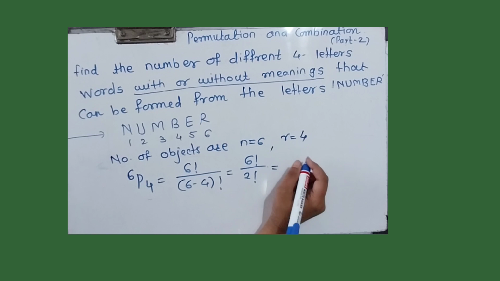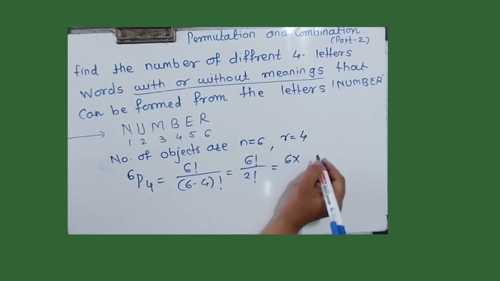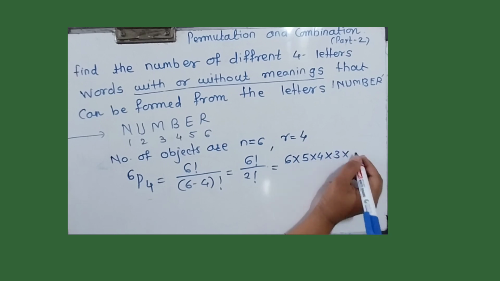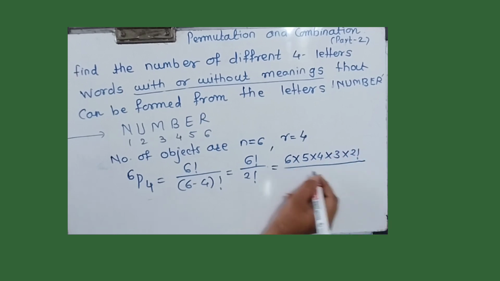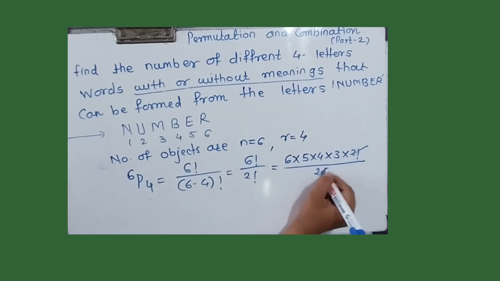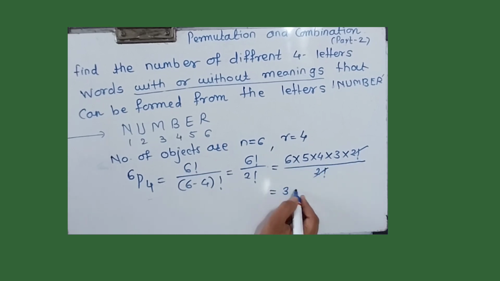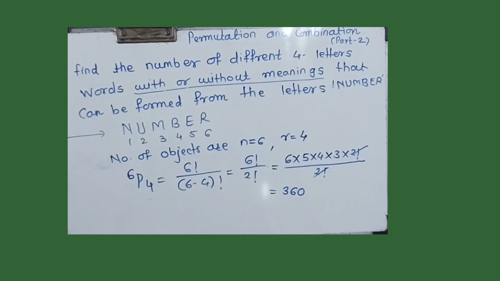Now 6 into 5 into 4 into 3 into 2 factorial upon 2 factorial; this gets cancelled. Take the product of these 4 numbers. It is 360. Clear? This is the required answer. Take a screenshot.